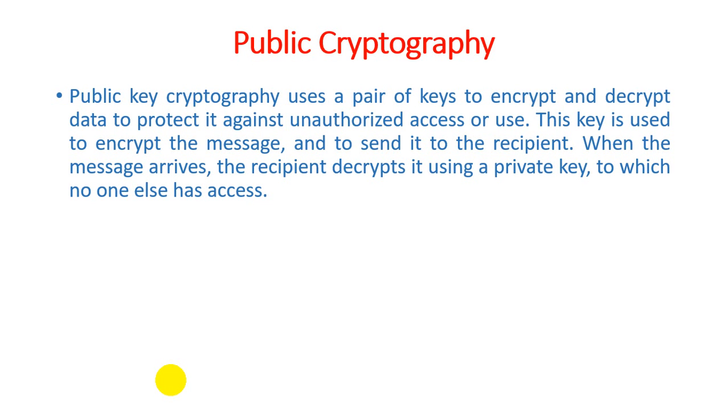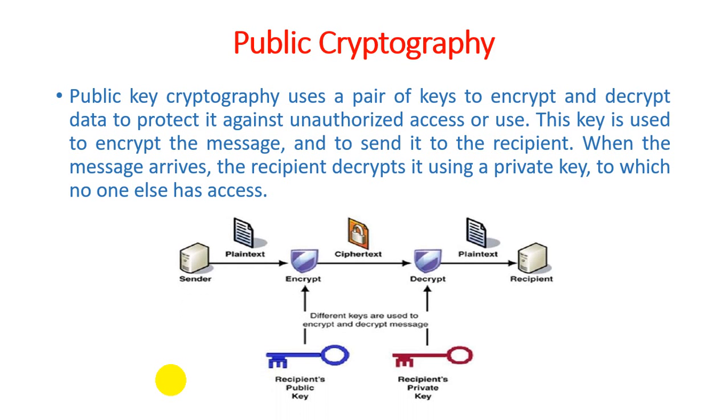Now we understand how the keys are used in public key cryptography with the help of an example. In the diagram on the screen, you see a blue key and a magenta key. The blue key is the public key and the magenta key is the private key. There is a sender and a recipient.